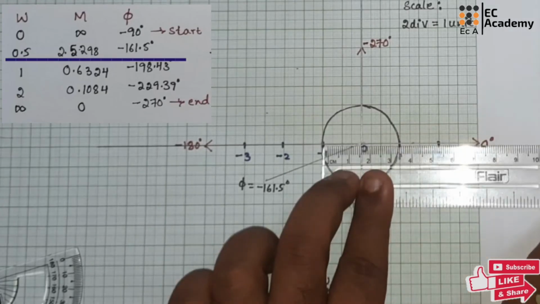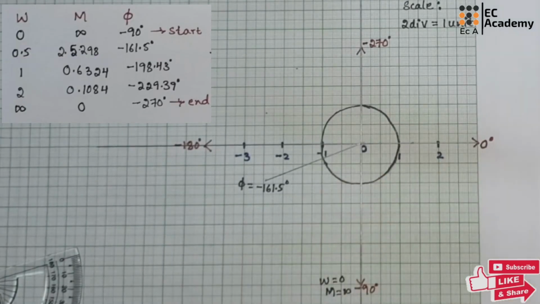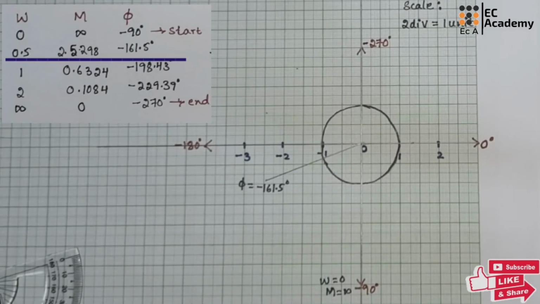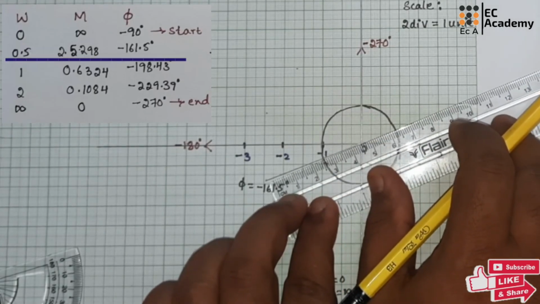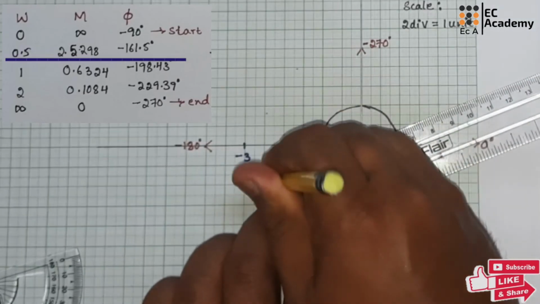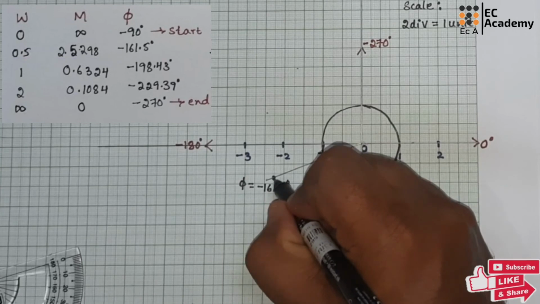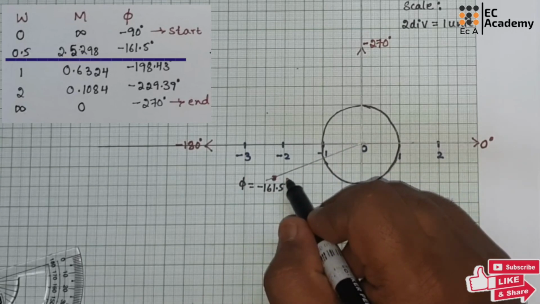For 1 unit we are getting approximately 1.8 centimeter, so for 2.5 we need to multiply by 1.8 centimeter. It will be approximately equal to 4.5. So from the origin on this line we need to measure 4.5 and mark a point. This length from the origin up to this point is 2.5.